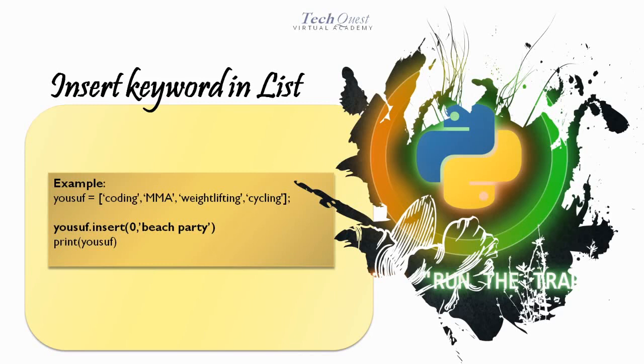So the insert keyword will add the beach party string at the 0th index and move the coding string, which was present before at the 0th index, towards the first index value. Similarly, you can insert that beach party string or any string you want to add in the list at any desired index value. You can insert at the second, third or fourth index value, whichever you like.